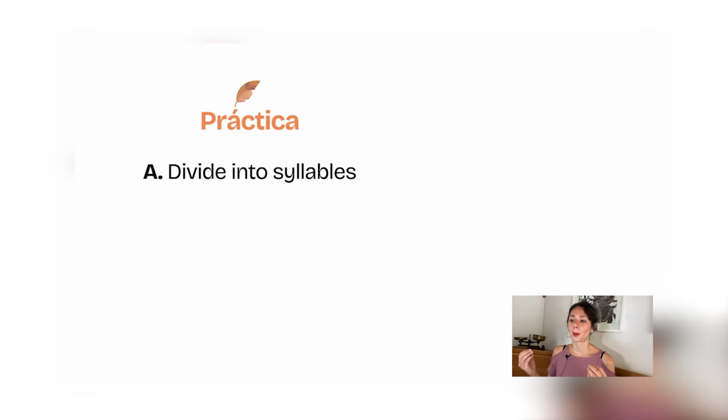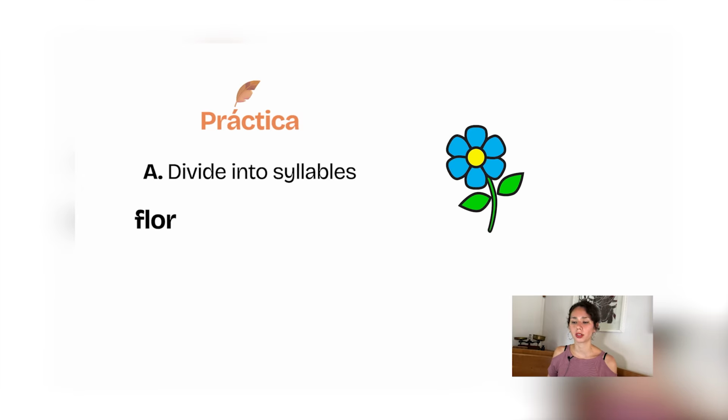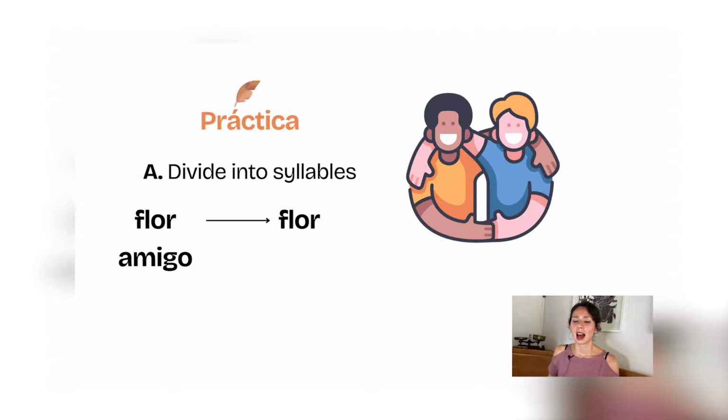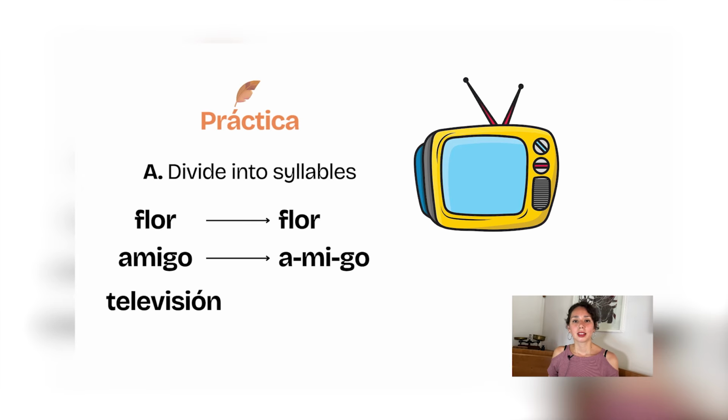Let's practice. Práctica. Practiquemos. Divide into syllables. Flor. This means flower. This is a tricky one. Just one syllable. Flor. Amigo, which means friend. Amigo. Televisión. Television.